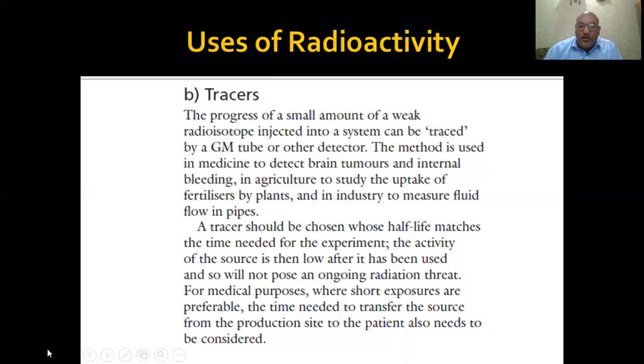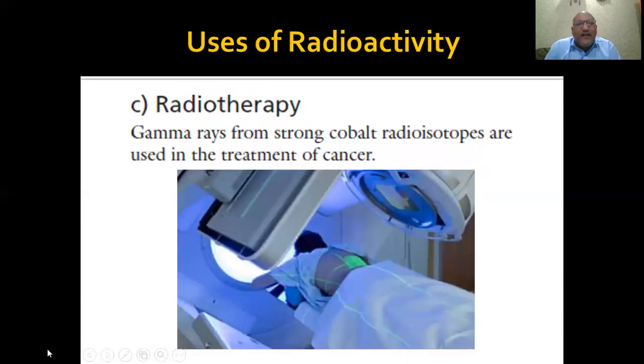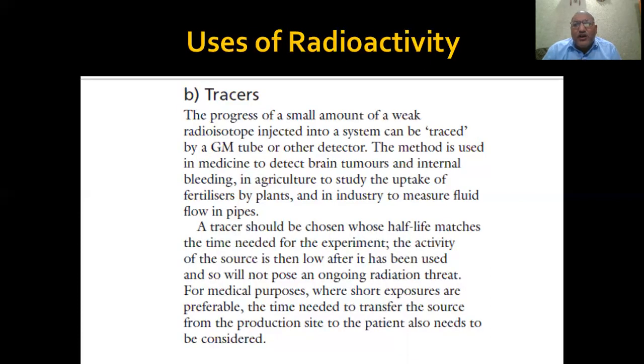Okay, so here we have another important thing, which is radiotherapy. One very important thing which I forgot is that we don't use alpha particles here. The penetration power of alpha particles is very low.